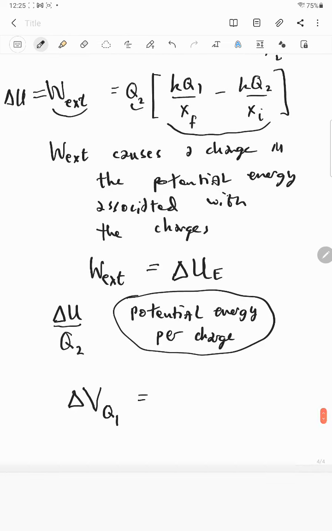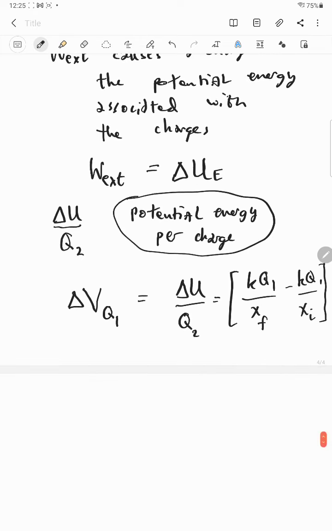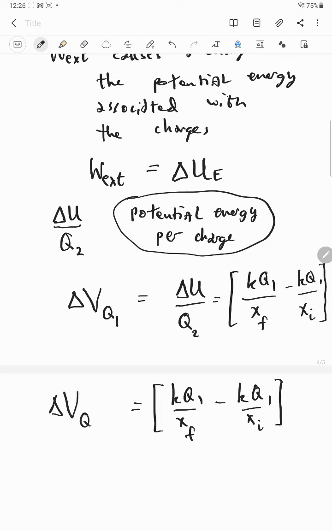Because delta U over Q2 is equal to K Q1 over x final minus K Q1 over x initial. And we'll say that this thing in brackets, K Q1 over x final minus K Q1 over x initial, is the difference in potential around Q1.